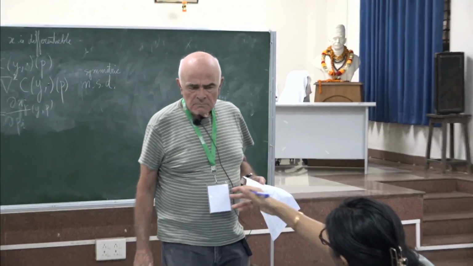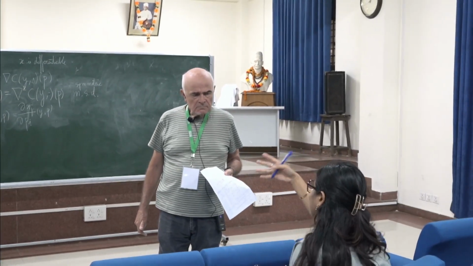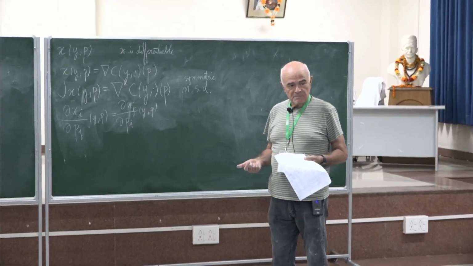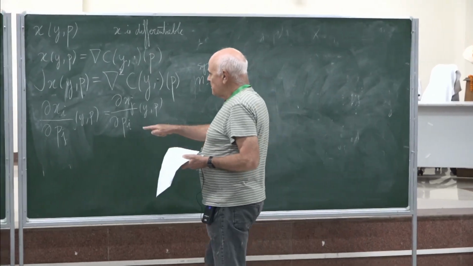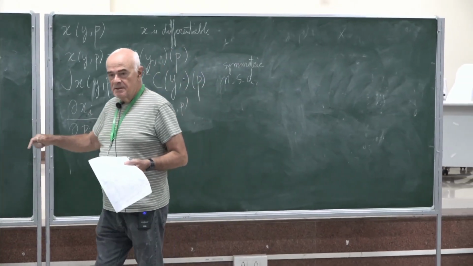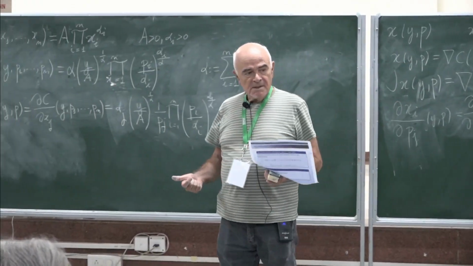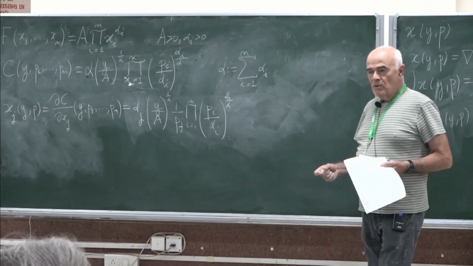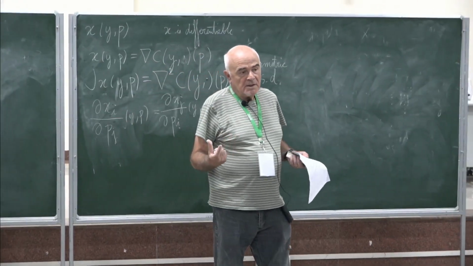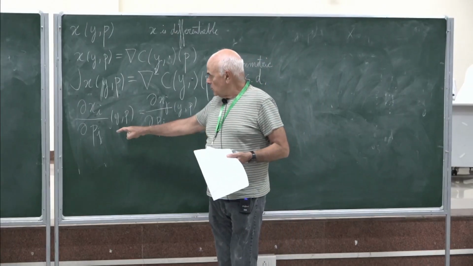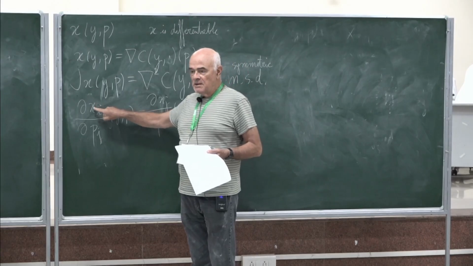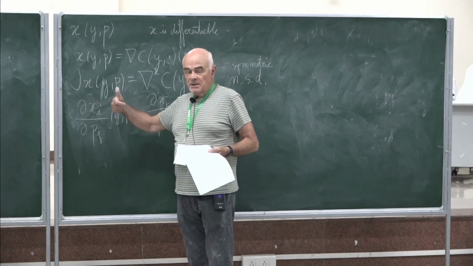Could you please repeat that last line in terms of inputs? Yes. This partial derivative expresses the dependence of xi on pj. So a derivative tells us what a change in pj would mean for xi, the change of xi.